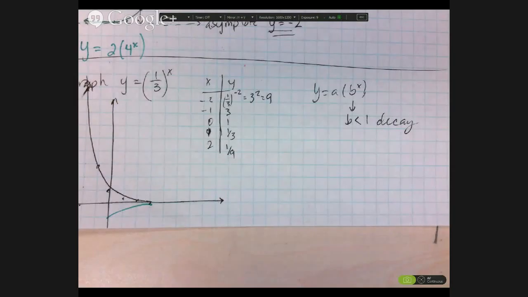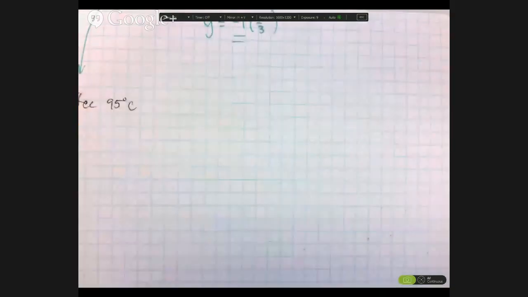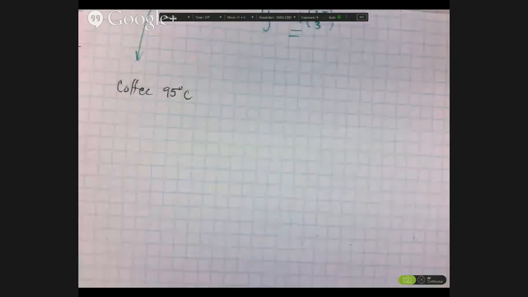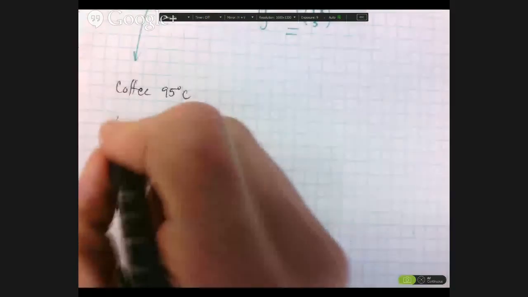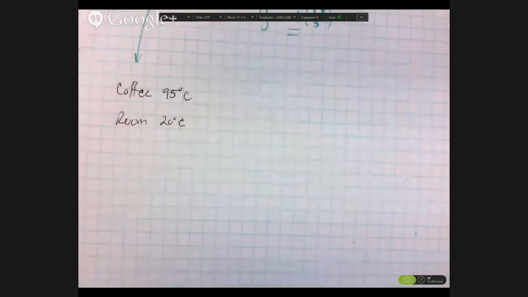Okay. So let's say that we have a cup of coffee that's 95 degrees centigrade. It's pretty warm. And it's in a room that's 20. Okay. We can model this with this equation.